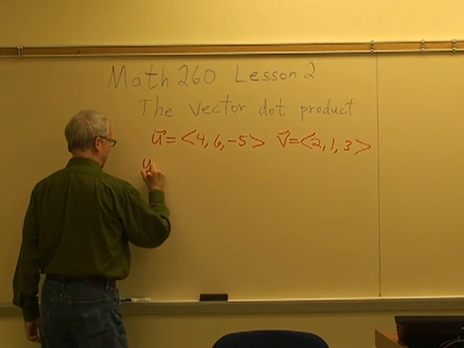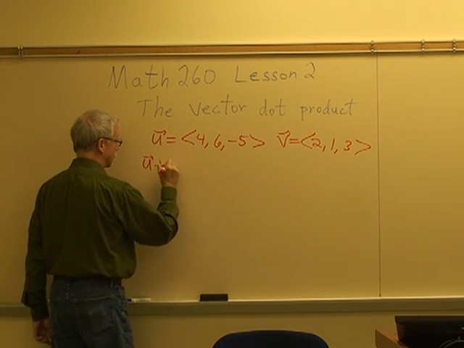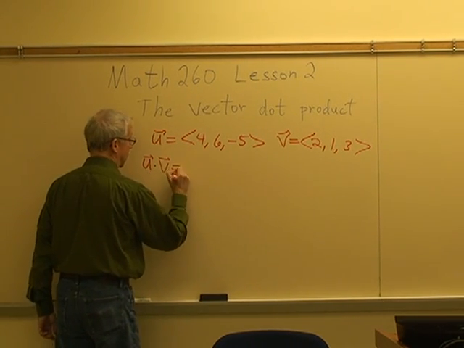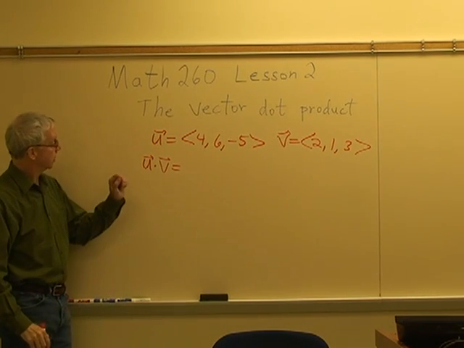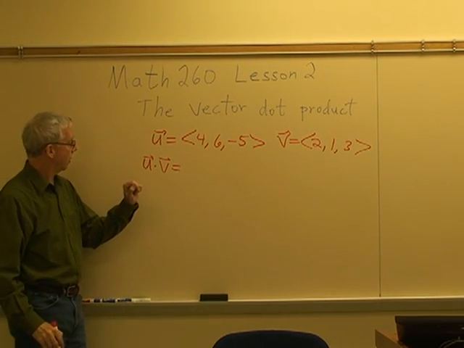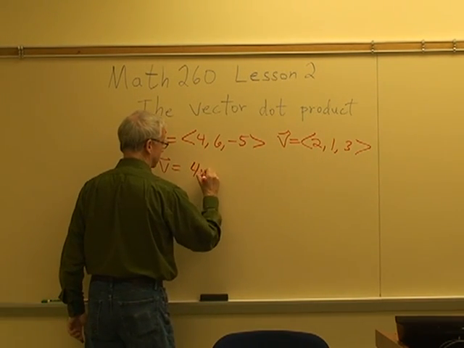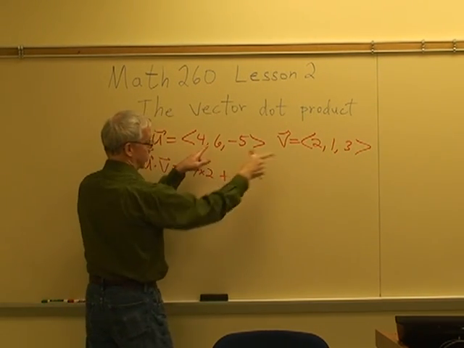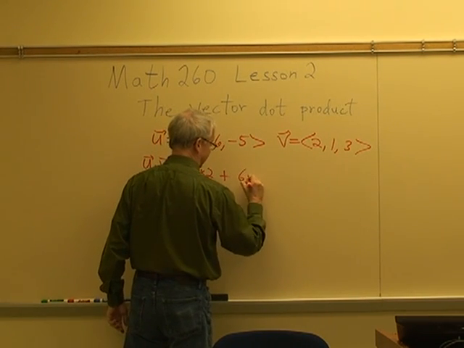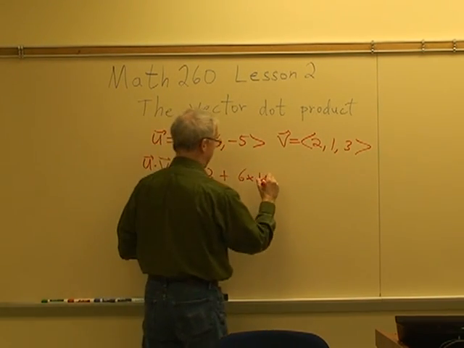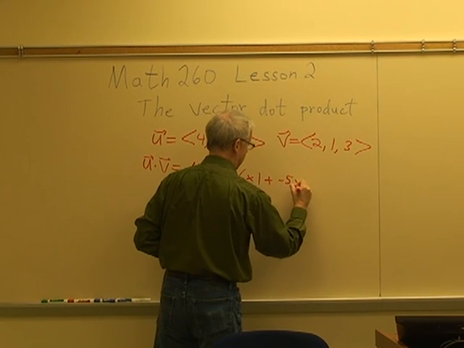And so the dot product would be a number computed as the sum of the product of the corresponding terms. So 4 times 2 plus 6 times 1 plus -5 times 3.